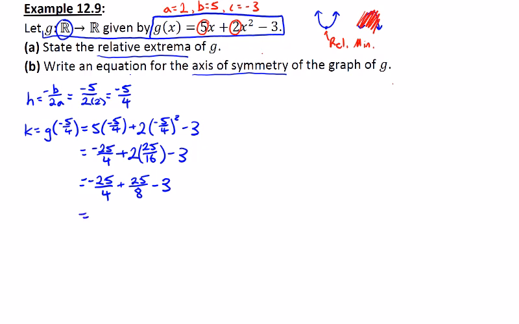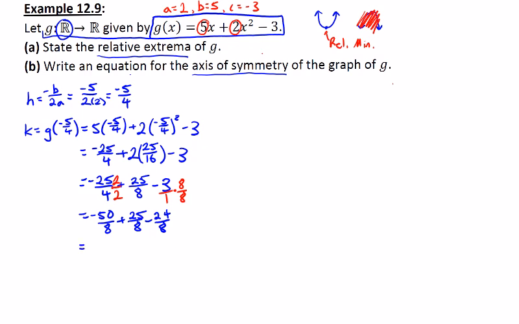And now it's a matter of getting a common denominator. So I'll have to multiply negative 25/4 top and bottom by 2. Treat the whole number at the end as over 1, and multiply top and bottom there by 8. So what we're looking at is negative 50/8 plus 25/8 minus 24/8.